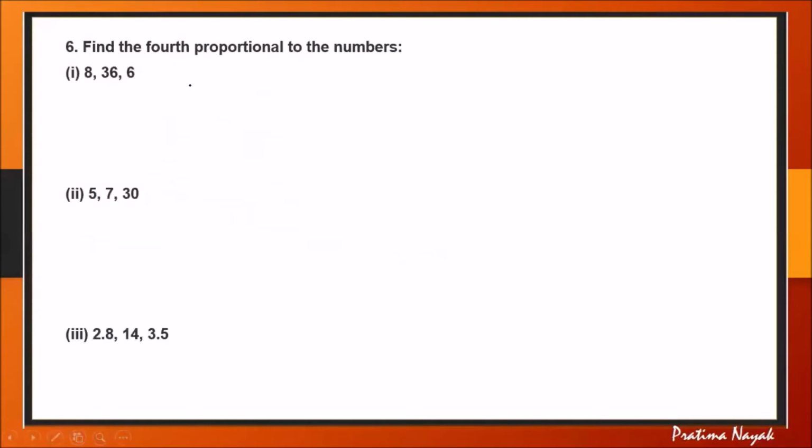Question number 6. Find the fourth proportional to the numbers. Question 6 has 3 parts. You have to get the fourth proportional. That means the fourth number is not there, so let it be x. Let the fourth proportional be x.